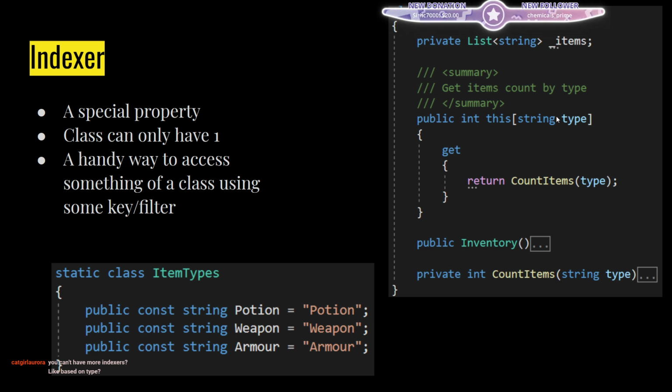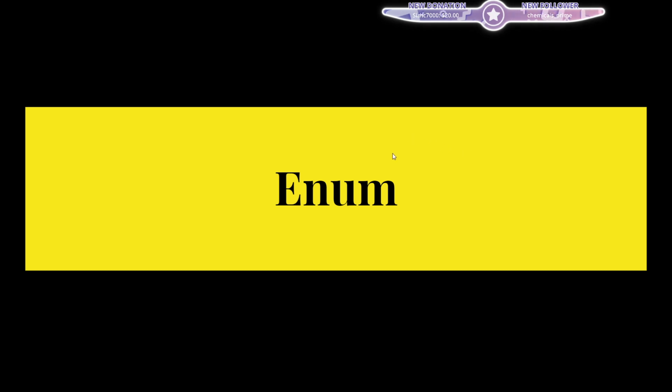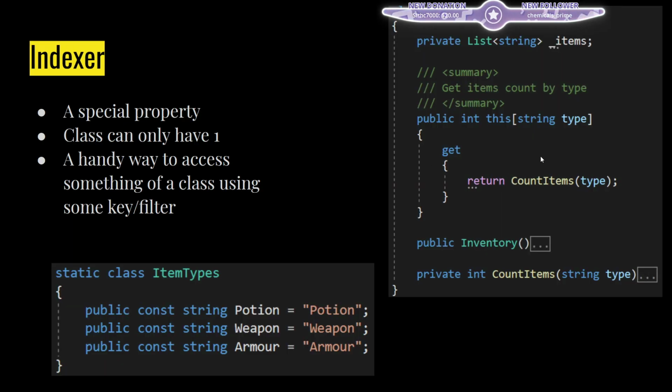And you cannot have more than one indexer because the syntax would not allow it, because it is being called through this keyword. I will experiment with this after in live coding.